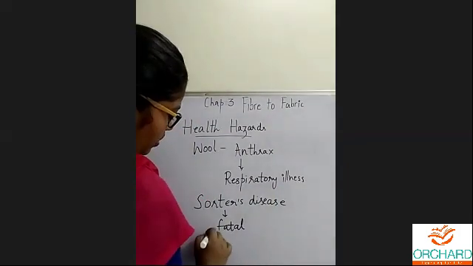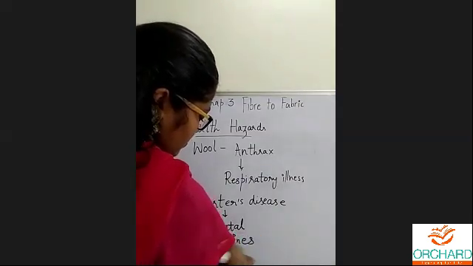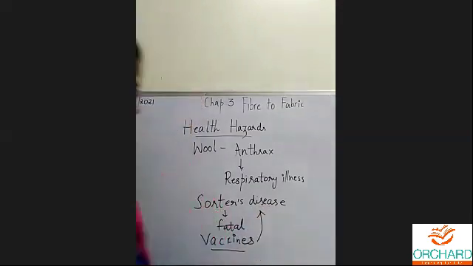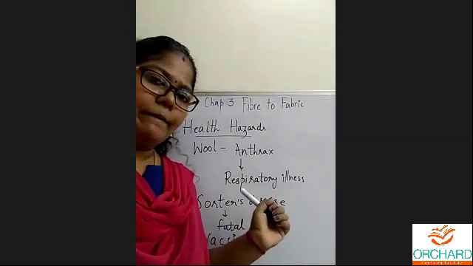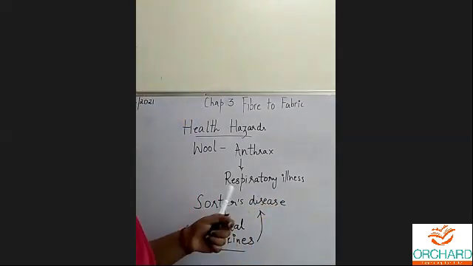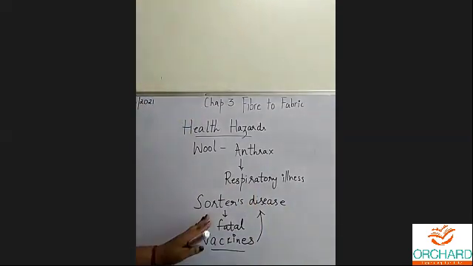So now, luckily, we have vaccines to control sorter's disease. But in the past, it was very common. Sorters used to suffer from this disease, and it was a fatal disease, which means they used to die. But now it has become very rare because there are vaccines which are saving many.